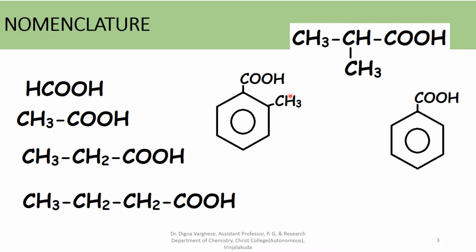So it is known as ortho-methyl benzoic acid or 2-methyl benzoic acid. Numbering: 1 is the carbon attached to the carboxylic acid and 2 is the carbon attached to the methyl group. So it is 2-methyl benzoic acid, or ortho-methyl benzoic acid.